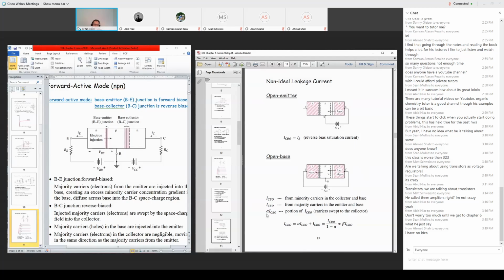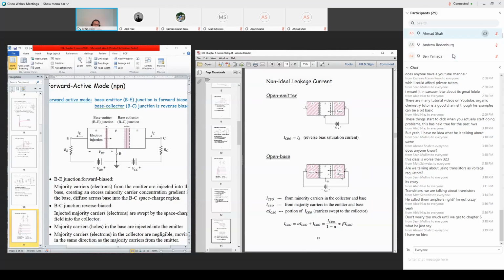So if alpha times this amount gets to the collector, a portion of ICO, how much? Alpha times ICO will be the current existing between the base and collector. So that's the second part. Of course, these two parts sum up to ICO.